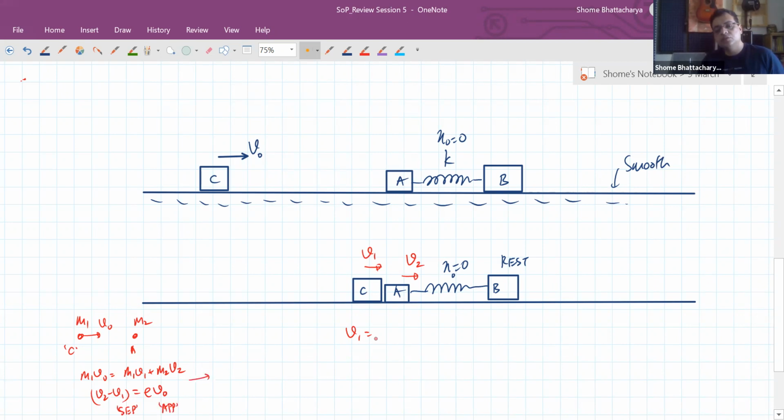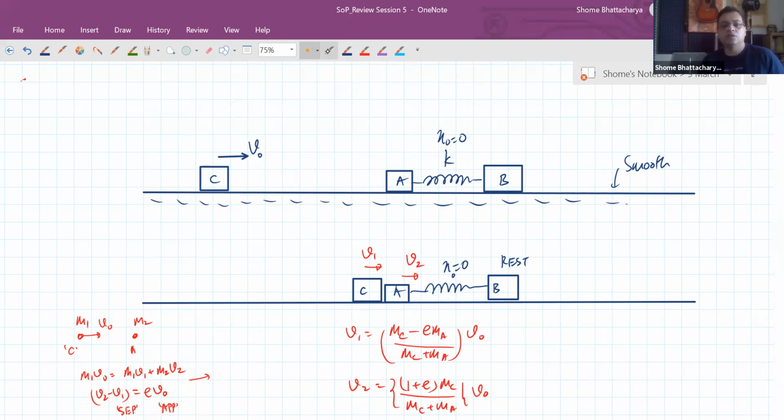So solving these two, we will get these relations which I'm writing over here. V1 will come out to be (mass of C minus E times mass of A) upon the sum of the masses, into V0. And V2 will come out to be (1 plus E) times mass of C upon the sum of the masses, into V0.